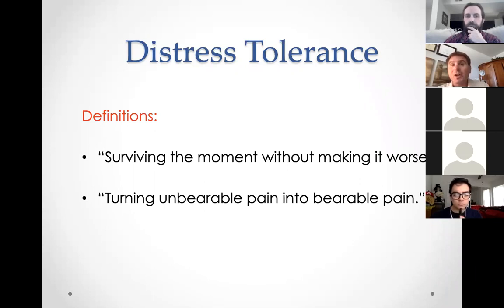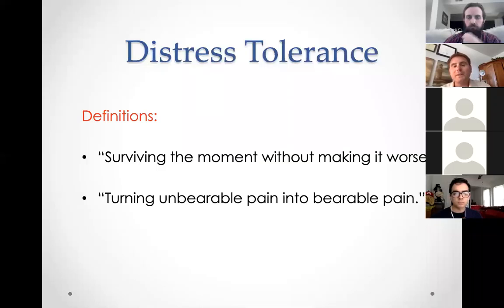Think of this as harm reduction. We're just helping our clients contain so that they don't make things even worse. And the reason that we need to start there is because we can't help clients make things better while they're actively making things worse. And that's what they're doing with their maladaptive coping. They're taking a bad situation and making it even worse.